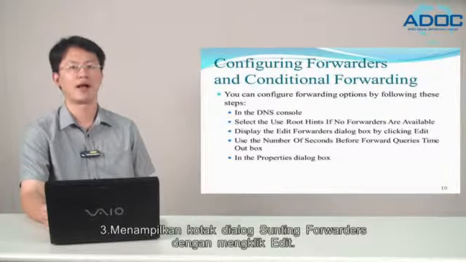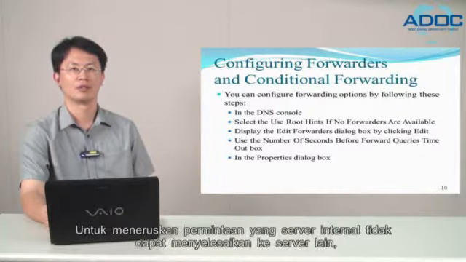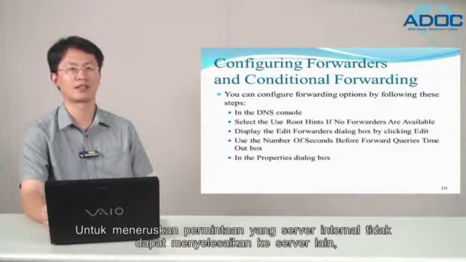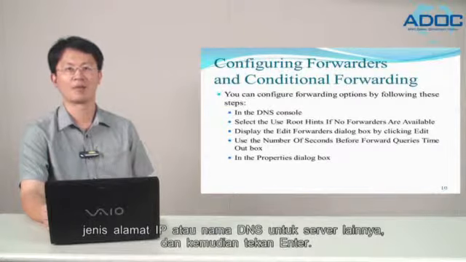Third, display the Edit Forwarders dialog box by clicking Edit. To forward queries that internal servers can't resolve to other servers, type the IP address or DNS name for the other server, and then press Enter.